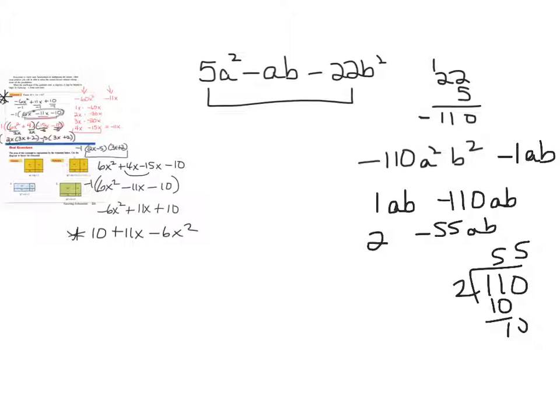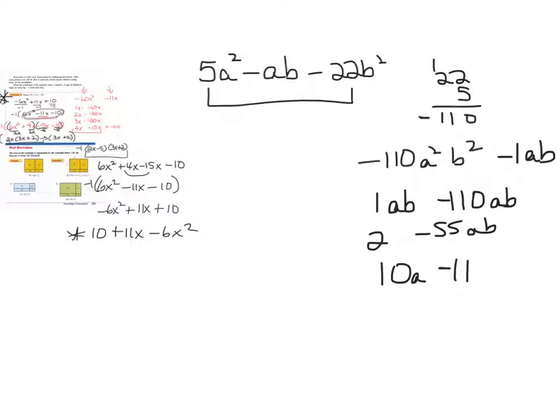However, some of you are going to get really good at this, and you've got to realize that the numbers have to be side by side. So if I do 10 times 11, so 10a times, actually this should have been just a 1a times 110b. These are going to be my factors.